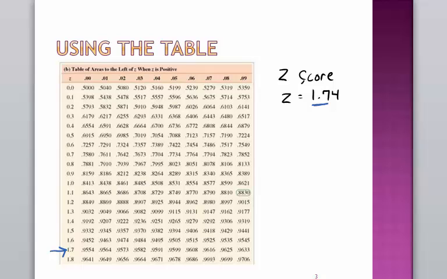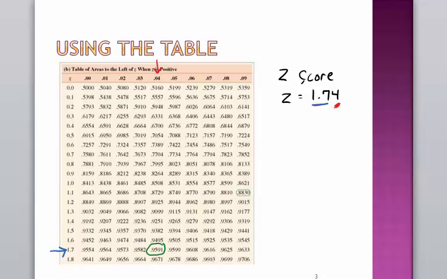We're going to use the 4 as the hundredths place digit, and find that across the top. And so we're going to intersect our row and our column to come up with our area. And so we will be looking at 0.9591, which remember is the area to the left of the z-score that you looked up.